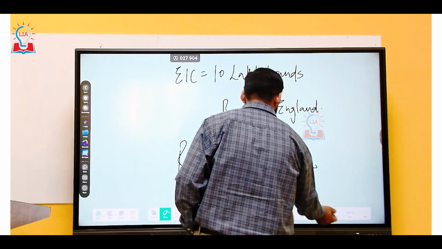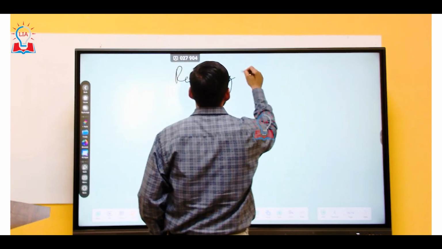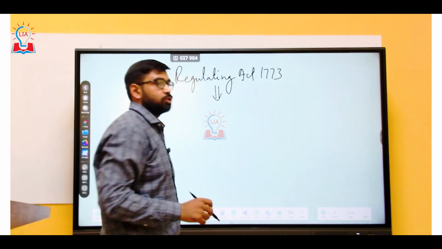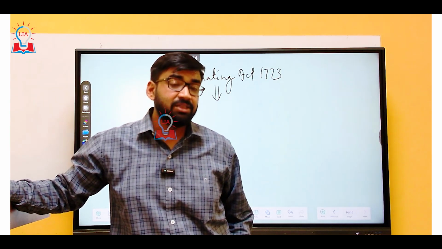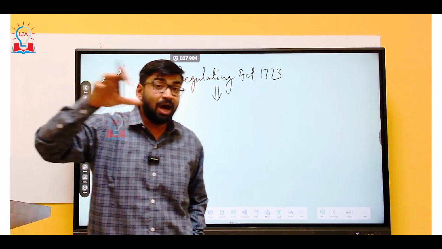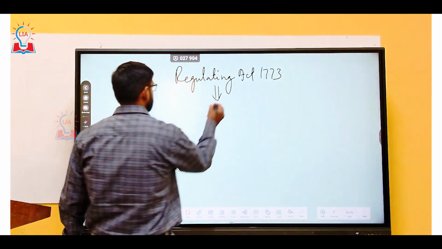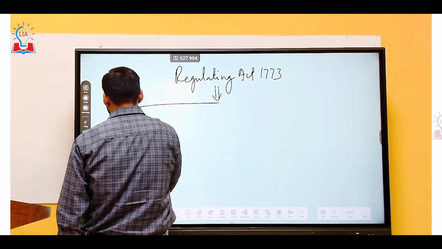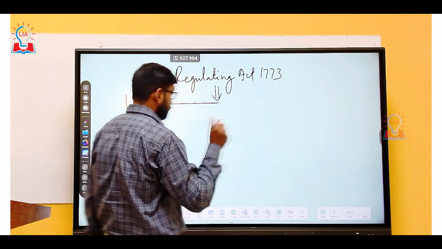So this Regulating Act, 1773. From 1772 till 1773, Warren Hastings was the governor of Bengal. Now Warren Hastings became Governor General of Bengal.